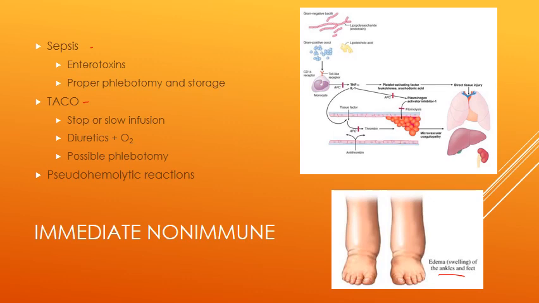And then, of course, you do have pseudo-hemolytic reactions where you can actually have hemolysis occurring, but it might be from some non-antibody antigen reaction. It could occur for other reasons. So, for example, it could be because of osmotic rupture if you use the wrong solution during transfusion.